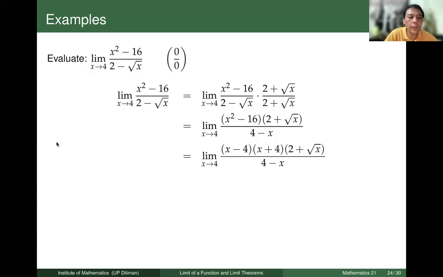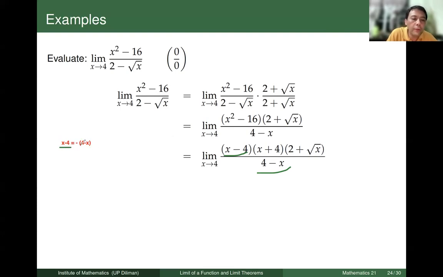the x minus 4 is the same as the negative of the quantity 4 minus x. Okay? So that means this expression here and that expression here are cancelable. And when you divide by x minus 4 both, sorry, this is not negative 4 minus x.